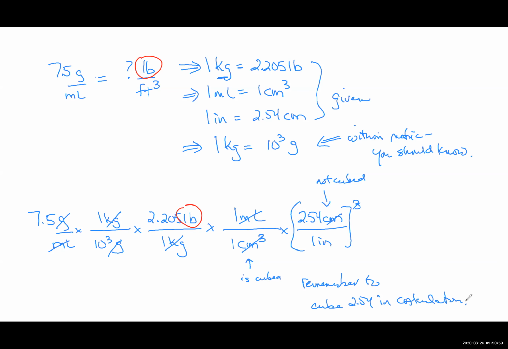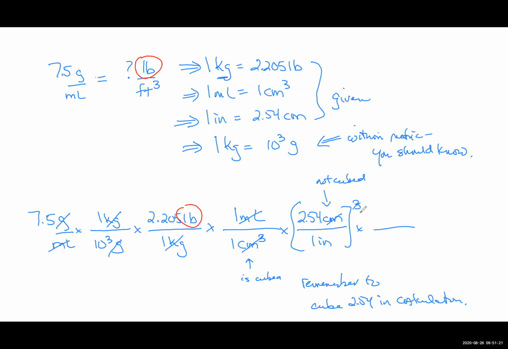So now we're in inches cubed. And the last thing we have to do is get rid of the inches and get to feet. So I'm going to use this last one here. Did I do that backwards? Inches, oh, I'm good.